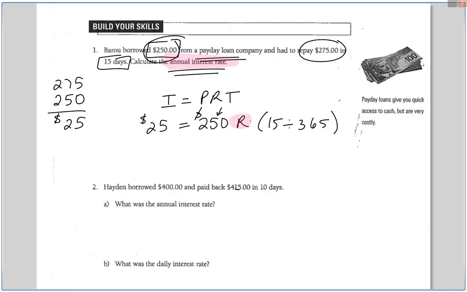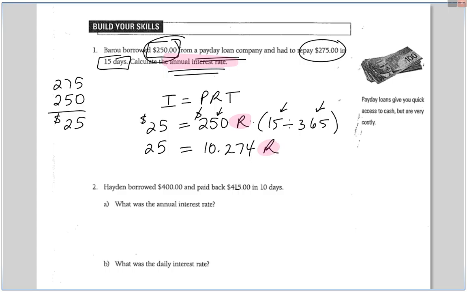So take 250 and times it by 15 and divide it by 365. So that would be, after some rounding, 10.274 R. So 10.274 times some number R is going to equal 25.